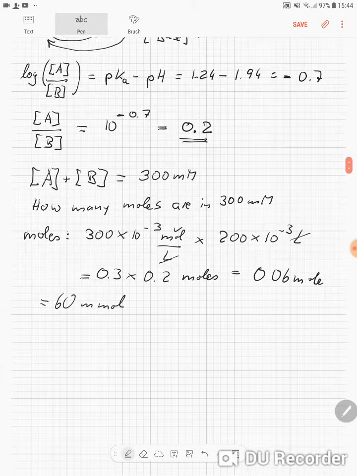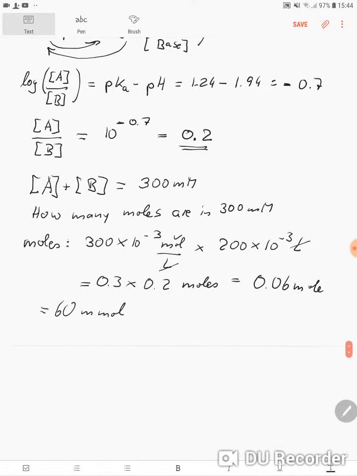And now we need to use this information to find out A and B, and we set that up here at this point.